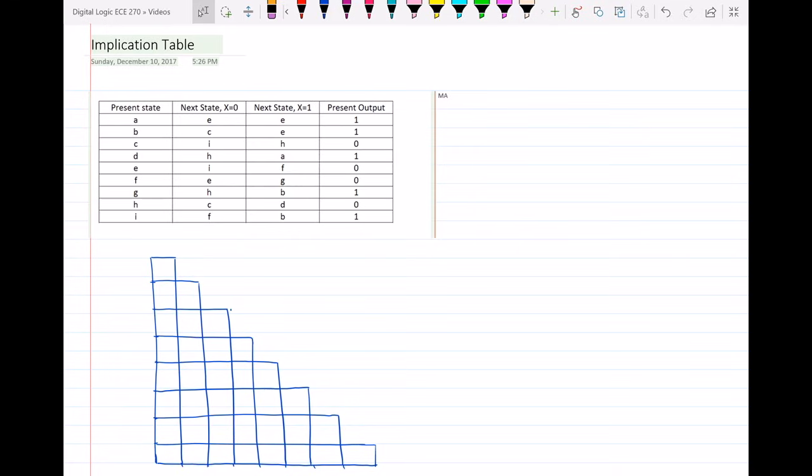So we have to make sure that we are looking at the output. So if we want two states to be equivalent, their output should be the same.